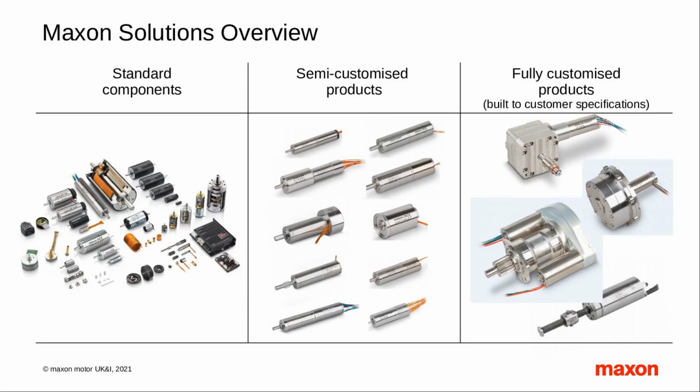It could be special bearings, special shaft, special leads, connector, etc. But at the heart, it's based on a catalog product. Or the last section there, fully customized product. So that's a product dedicated to do one specific application, designed. You start on a blank sheet of paper, and you develop a product specifically for one application.